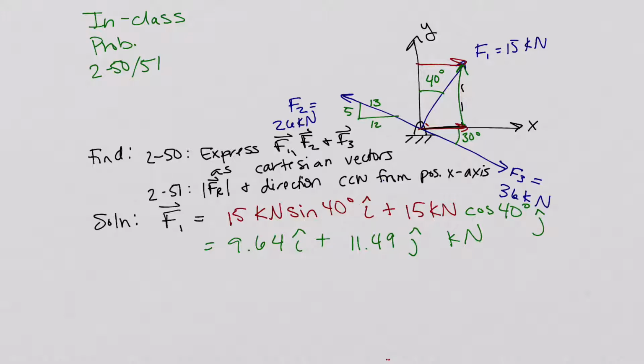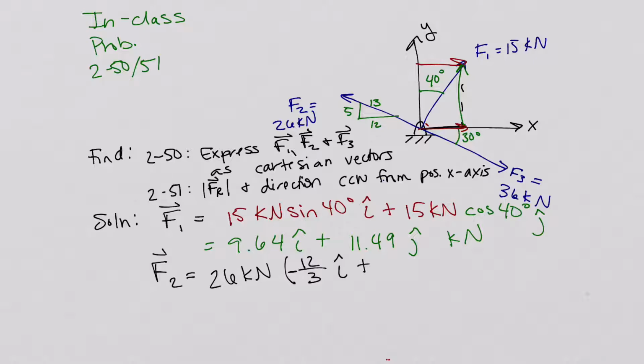All right, now for F2. We know it's a common triangle, the 5, 12, 13. With F2, the magnitude is 26 kilonewtons, and we're going to multiply that by, for the i direction, 12 over 13, because it's the horizontal, and that's in the negative x direction, so that'll be a negative.